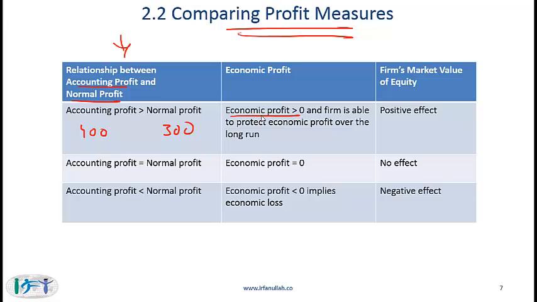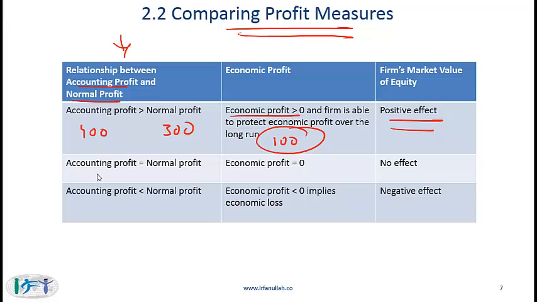Remember, economic profit can also be written as accounting profit minus normal profit. In this simplistic scenario, the economic profit is 100, it is greater than 0. The firm is able to protect economic profit over the long run. So if this is indeed happening, that will have a positive effect on the market value of the firm's equity.